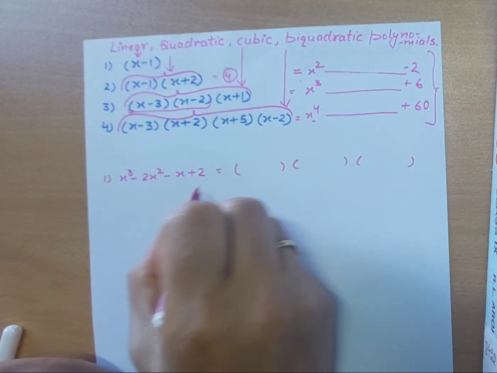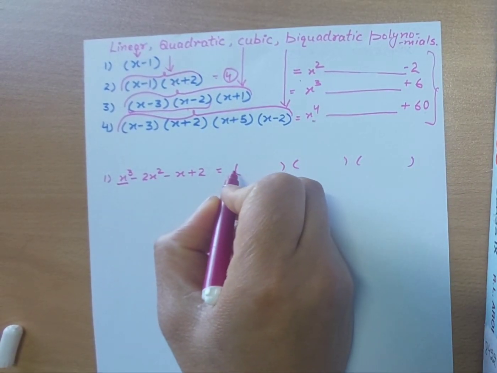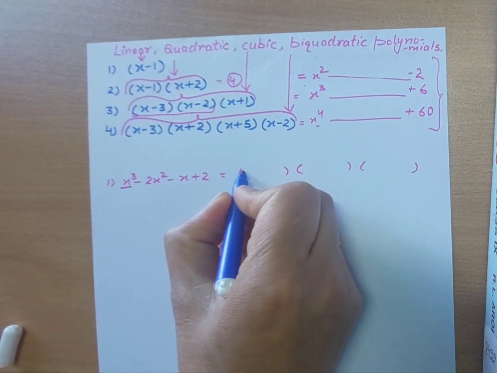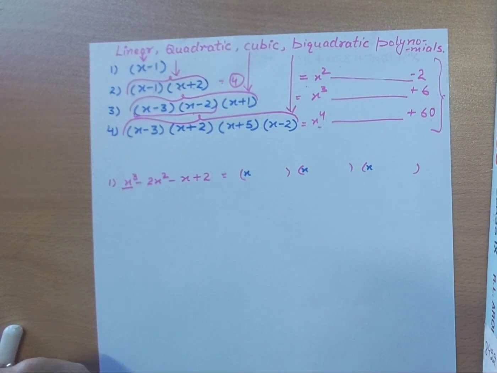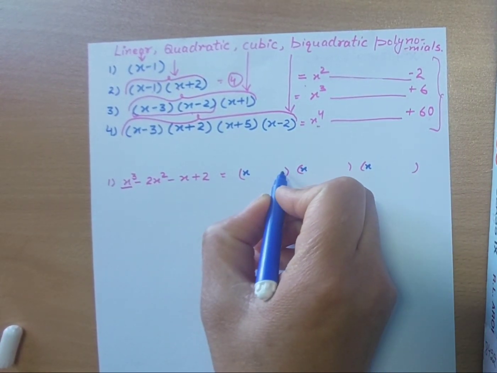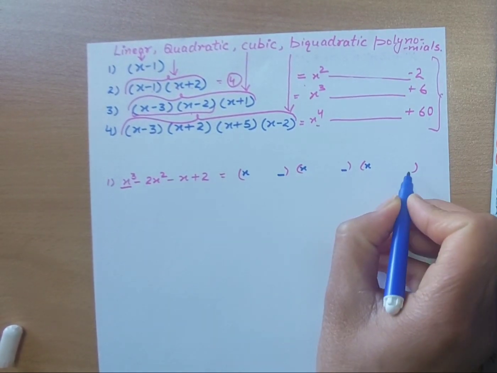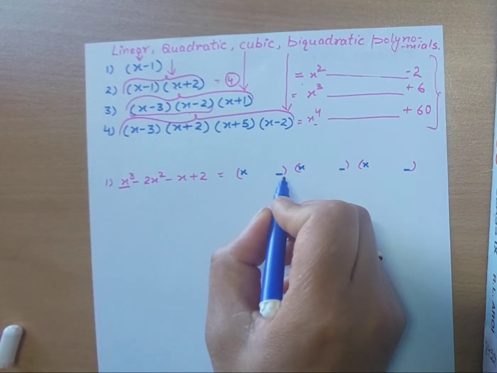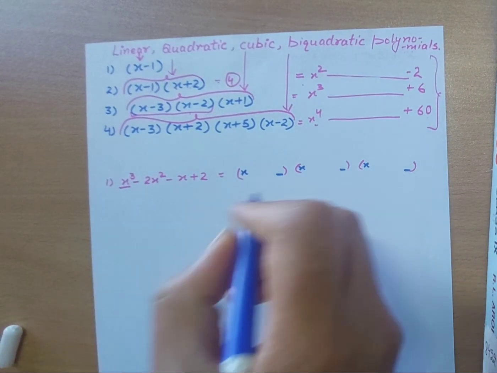So by looking at this, we can tell that the linear factors here are made up of x, x, x. And here the constant term is going to be such that the product of these three comes out to be 2. So what three terms are going to give you the answer as 2?